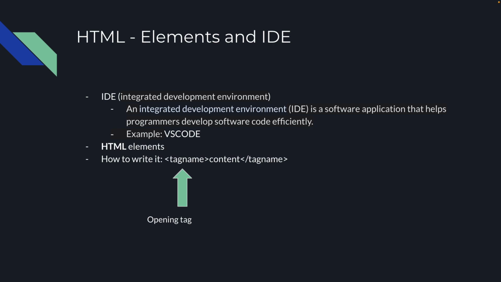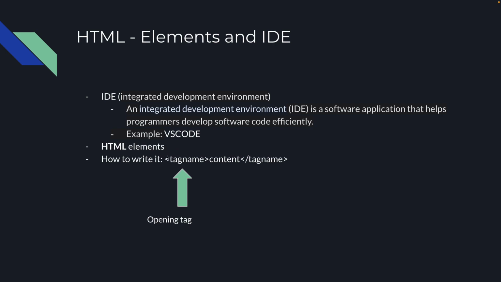I think you must have used MS Word before, where you have a header that has a higher font size, right? Let's say that is H1, although we'll get into that later on. I'm giving you examples of tag names, H1, img, and the rest of them. A tag must have an opening tag and a closing tag, right?